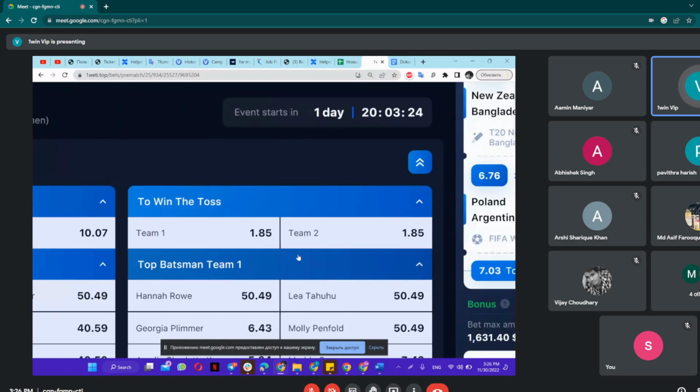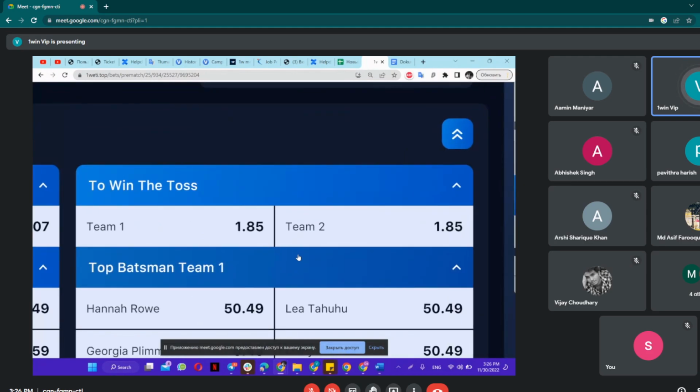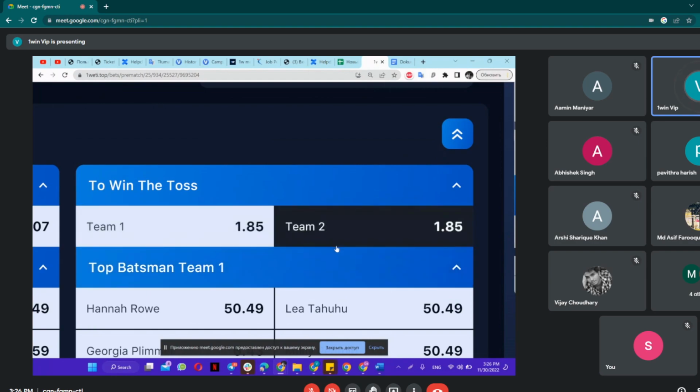Another example of full and not full range of betting, to understand where we don't have a refund: win the toss, team 1 or team 2. Obviously this is the full range because someone should win the toss.